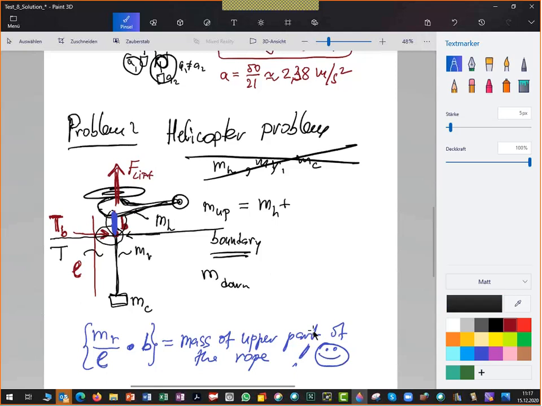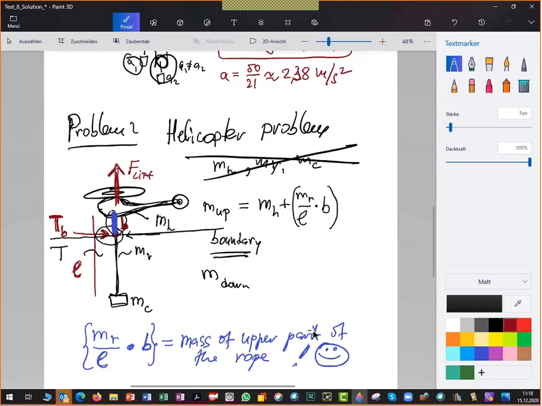So that means I'm taking just a fraction of the mass of the rope. For that, I first take the whole mass of the rope divided by the whole length of the rope, and then this value I multiply by the length of B, and this gives the mass of the upper part of the rope. So that is my mass up.